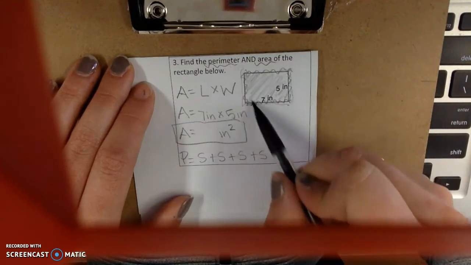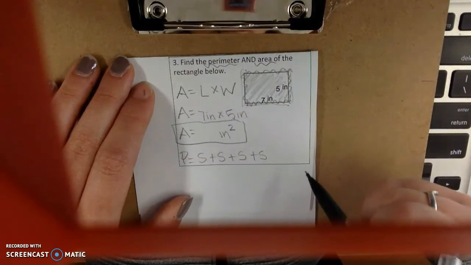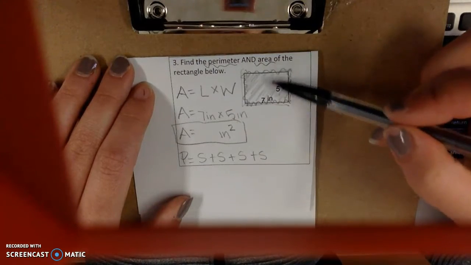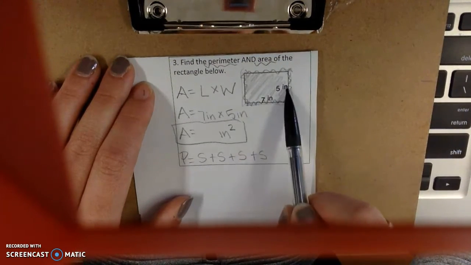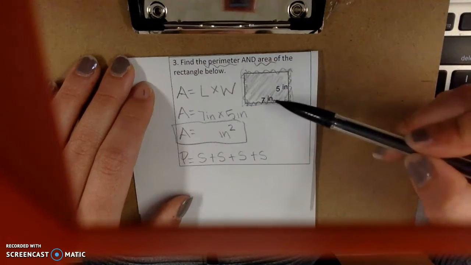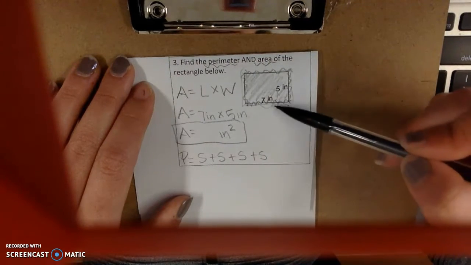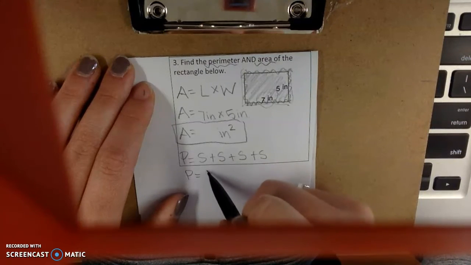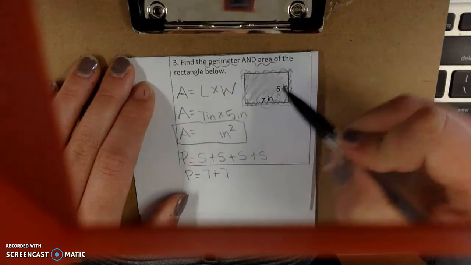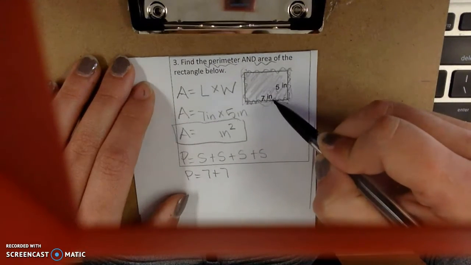But this is also a rectangle. And what we know about a rectangle is that these 2 are equal and these two lengths are equal. So if it's 7 inches down here, then we know the top is 7 inches. So we could write perimeter equals 7 plus 7. That's 2 of our side lengths.